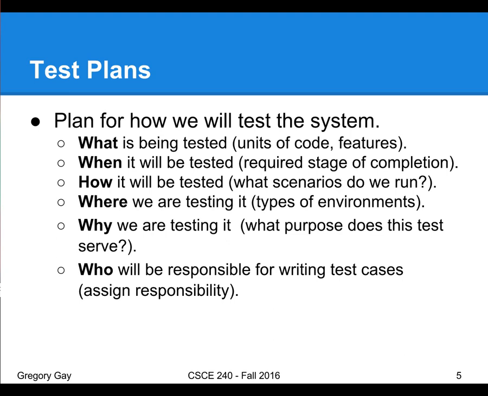What kind of scenarios are you running? Usually this includes things like error cases, things you expect could go wrong. You need an idea of where you are testing, what sorts of environments. And this is something that's easy to forget about with most software, but down to the hardware you are running it on can dramatically influence the execution of your system.